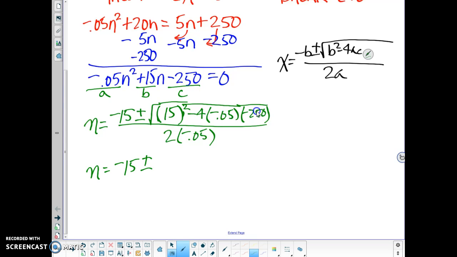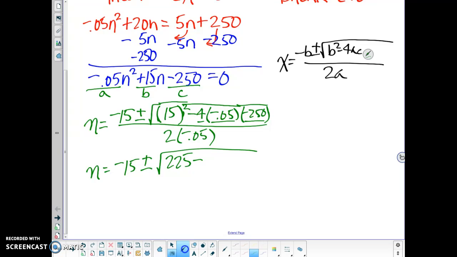Okay, so what's going to happen now? I am going to go over to my calculator and put this in. Actually, what I'm going to do, I lied. Let me show you what happens. So 15 squared is 225 minus 4 times a negative is positive.